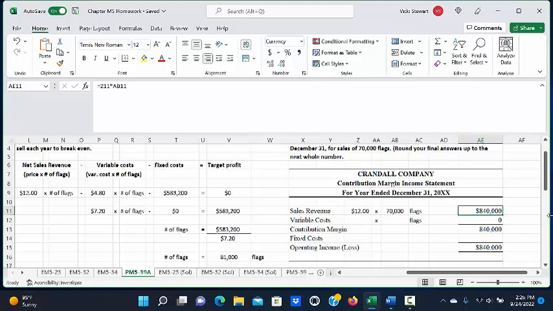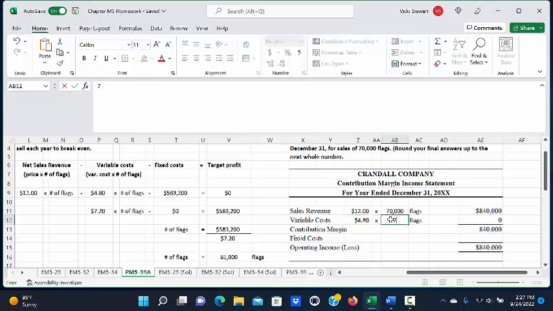The contribution margin income statement then subtracts the variable cost, which would be $4.80 per flag for 70,000 flags, or $336,000 in variable costs to give us a contribution margin for 70,000 flags of $504,000.